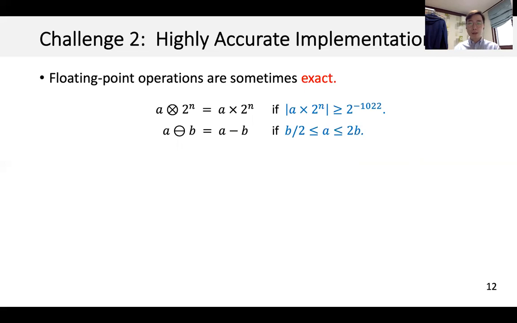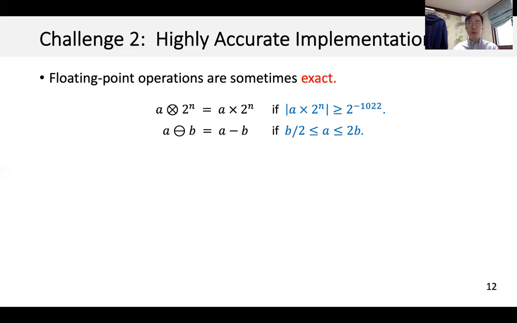Such exactness happens in special cases. For example, if you multiply a floating point number a by 2 to the n, where n is an integer, then that floating point operation is always exact if the mathematically exact result is not very small. Also, a similar result holds for subtraction.